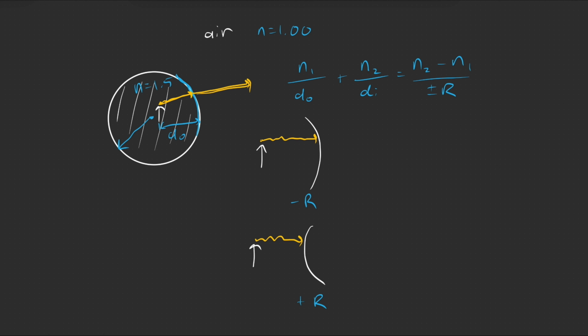Another way to think about this is if the center of curvature of the refracting surface is on the same side as the object, it's negative, or if it's on the opposite side of the object, it's positive. Right, because this radius, if we continue the circle, would be in the middle. Same is true here. If the center of the circular curvature is on the same side as the object, it's a negative value of r. If it's on the opposite side, it's a positive value for r. These are just a few things to keep in mind as we jump into our first problem.